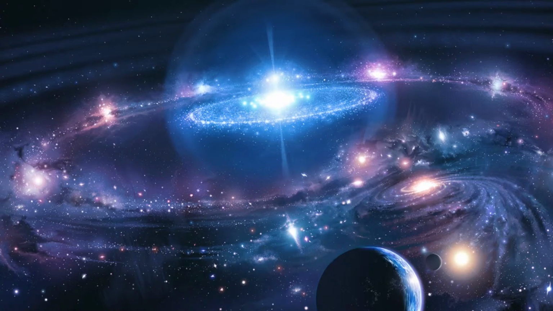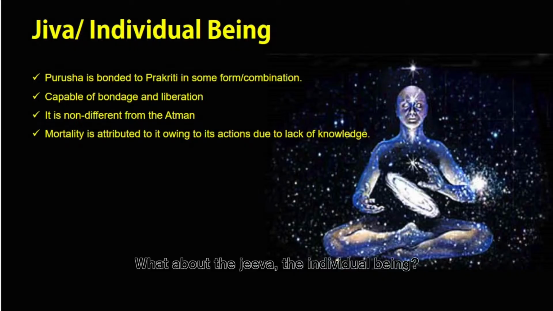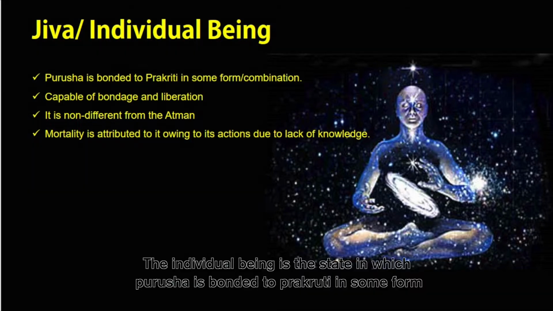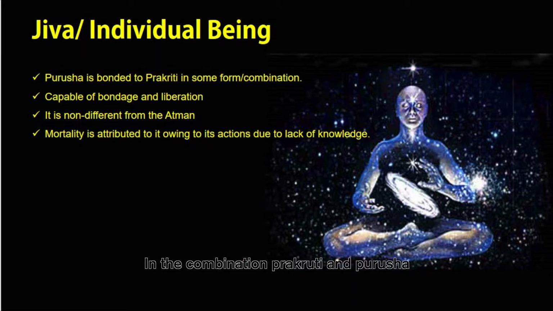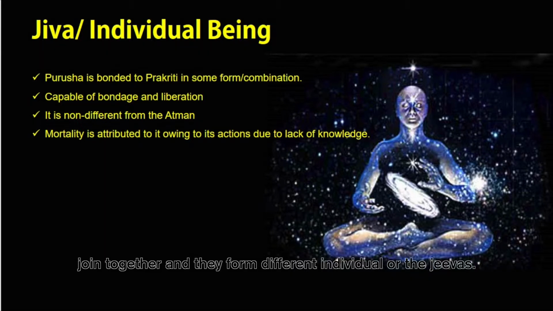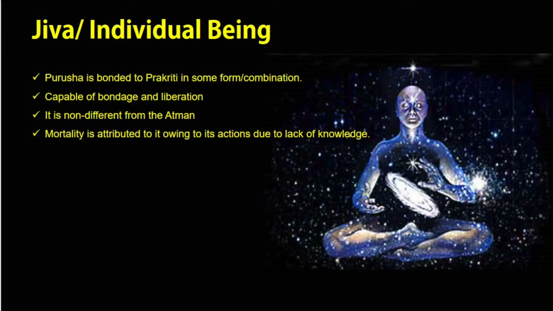So that's the dimension. What about the Jiva, the individual being? The individual being is the state in which Purusa is bonded to Prakriti in some form. In the combination, Prakriti and Purusa join together and they form different individuals or the Jivas.